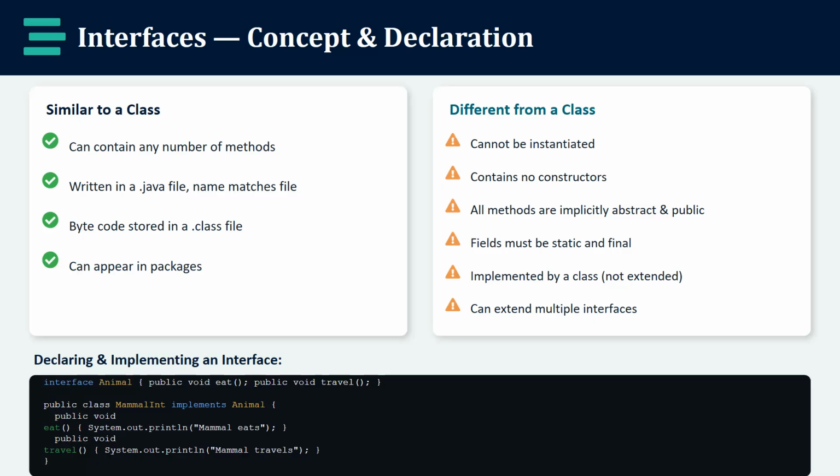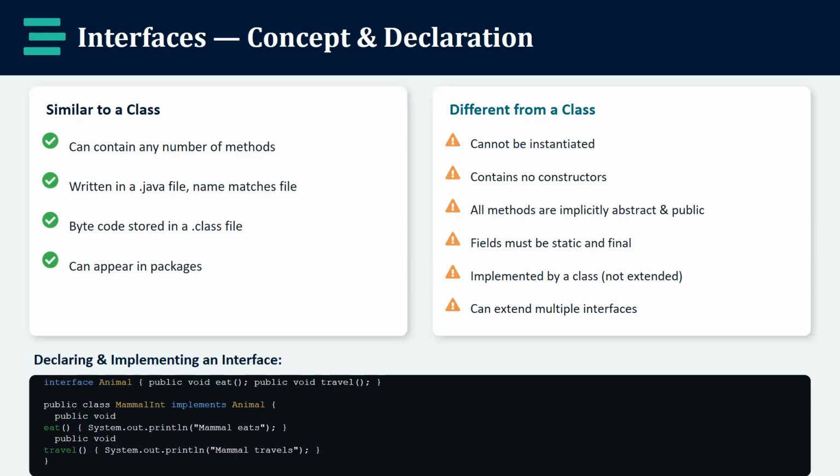But the differences between interfaces and classes are these. Interfaces cannot be instantiated, while a class can be instantiated. The second one is that interfaces contain no constructors, while classes have constructors.